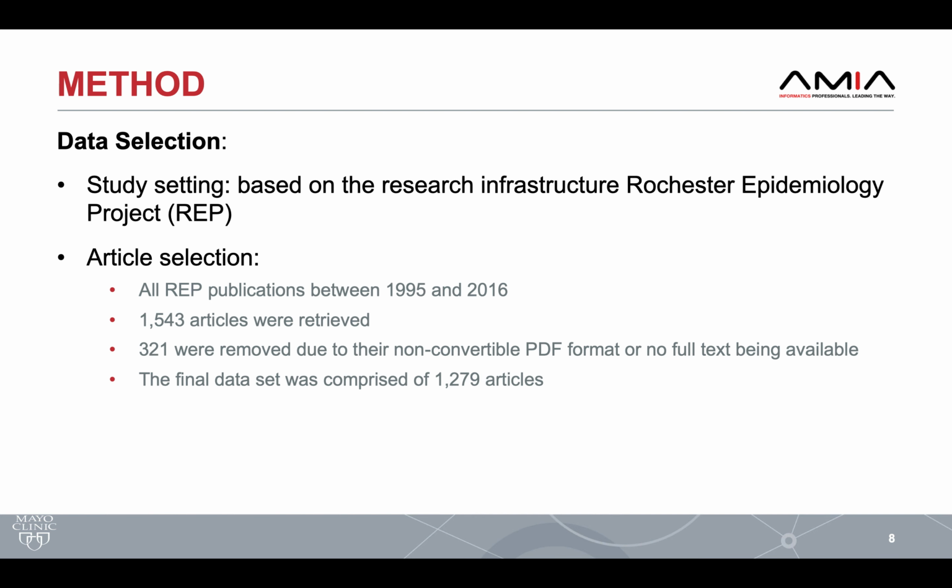Our study was based on the research infrastructure of the Rochester Epidemiology Project. We included studies from 1995 to 2016, and after article selection, the final dataset comprised 1279 full-text articles.